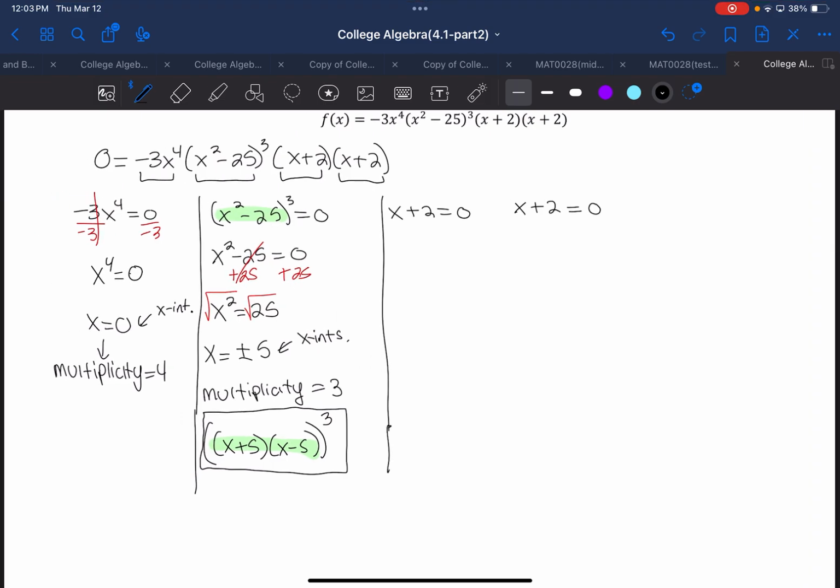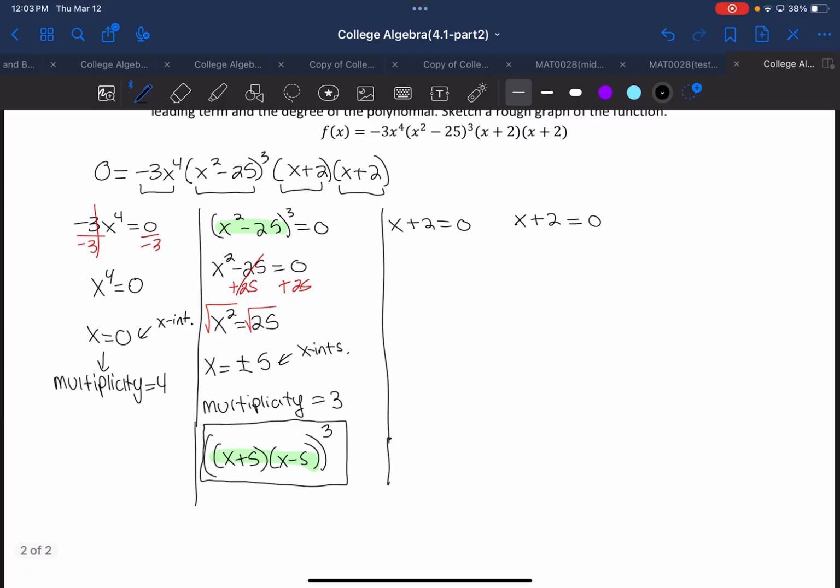Okay, now the last two, notice that these are exactly the same, x plus 2 and x plus 2. So from both of these, we just get the 0 of -2, right? And I only need to write it once. And what would the multiplicity be here? 2, because there's 2 of them.